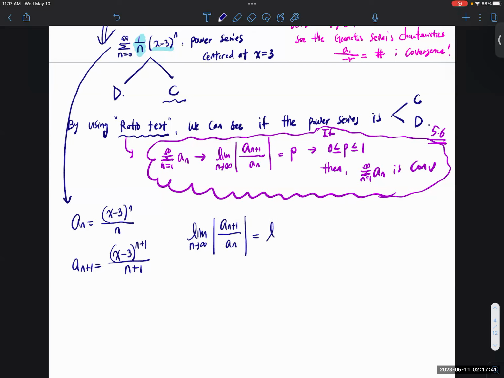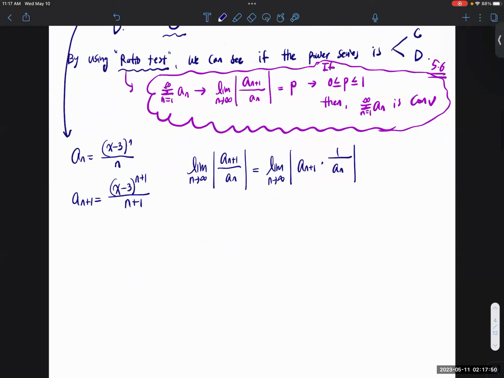That means take the limit of an plus 1 times 1 over an. Same thing. an plus 1 is x minus 3 to the n plus 1 over n plus 1, and for 1 over an, we're going to flip this, so n over x minus 3 to the n.